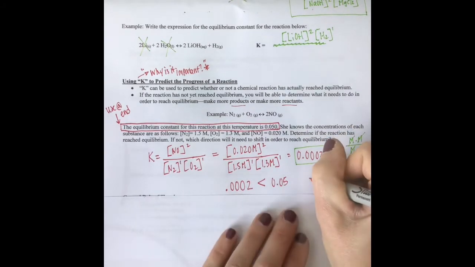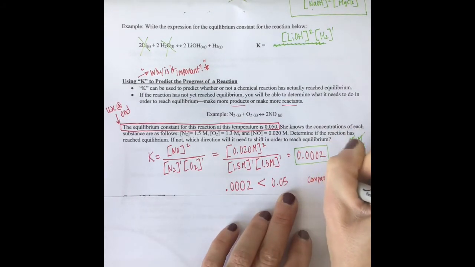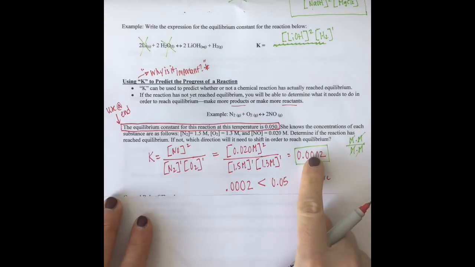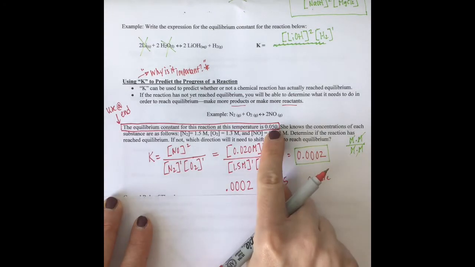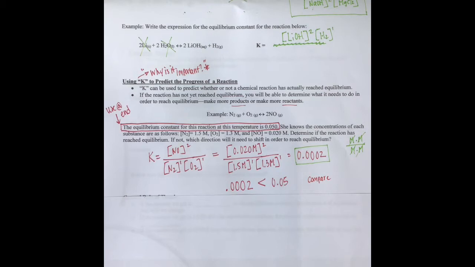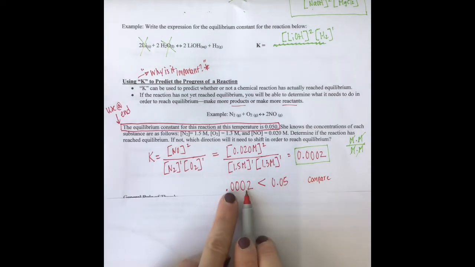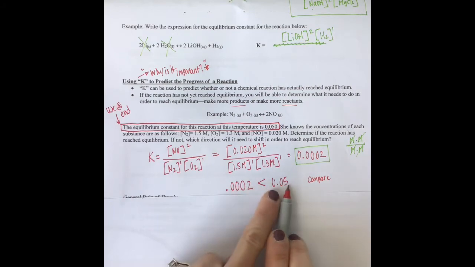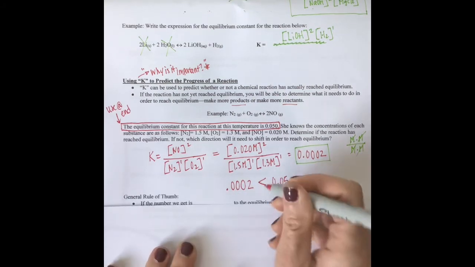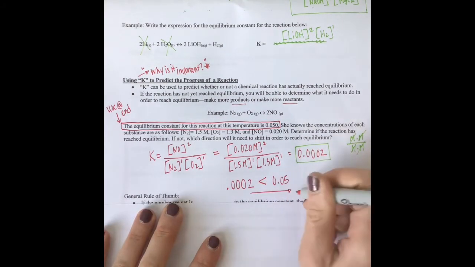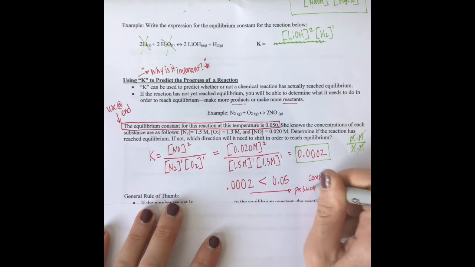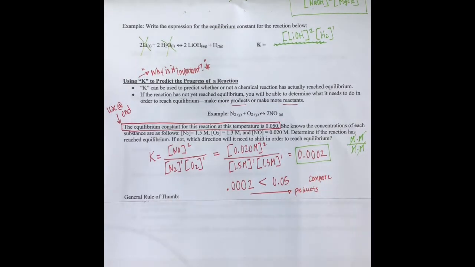Okay, so you might want to write yourself a note that you're just going to compare your answer to the known value for equilibrium. And because the value that we got is less than our equilibrium, we know that we need to shift towards products. We haven't made quite enough products yet for this reaction to be considered finished at equilibrium.